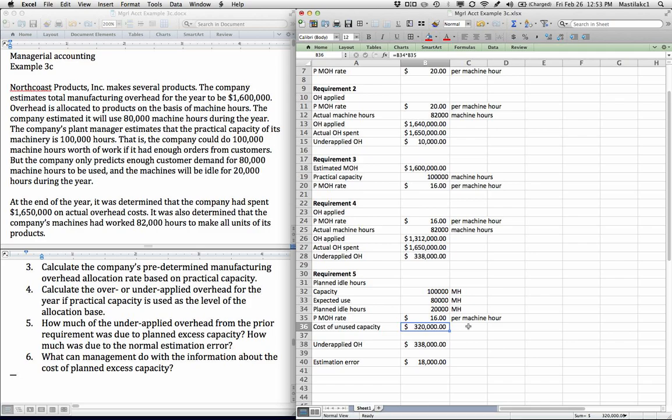We don't have enough detail in this particular example to know which of those is the case, but those are the kind of things management can do with the cost of excess capacity. Compare it to your strategic plan, compare it to your needed use of capacity and see whether this $320,000 is money well spent because it supports a strategy, or money that's being spent inefficiently and needs to be looked at more carefully.